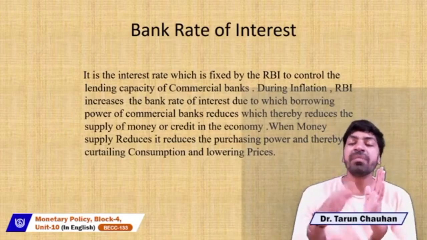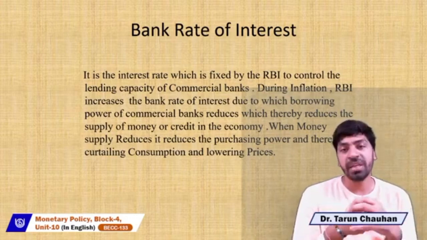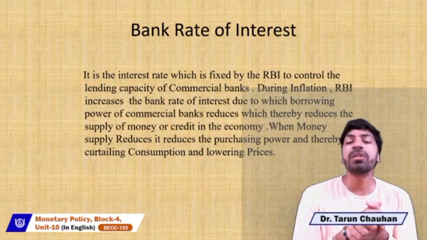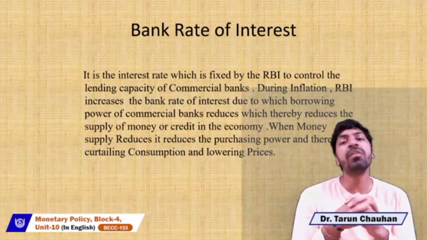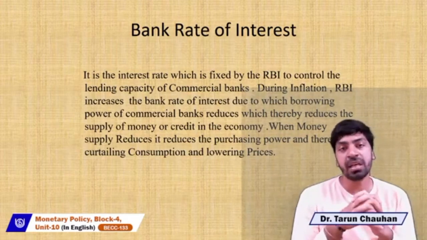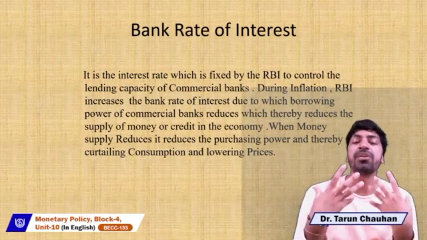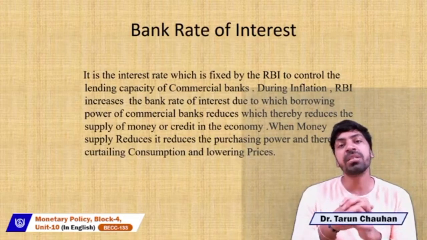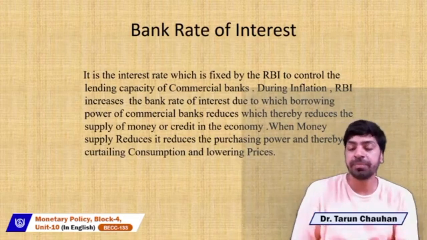Ultimately it controls the situation of inflation in the market, and for the commercial banks which are under the supervision of the Reserve Bank of India. So this is one of the credit control instruments, the bank rate of interest, which is fixed by the RBI.